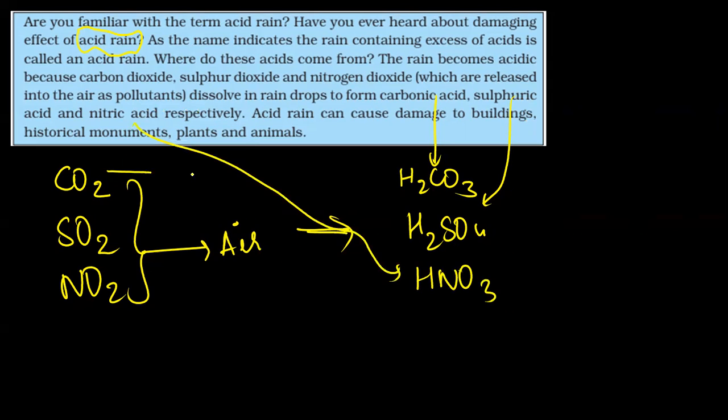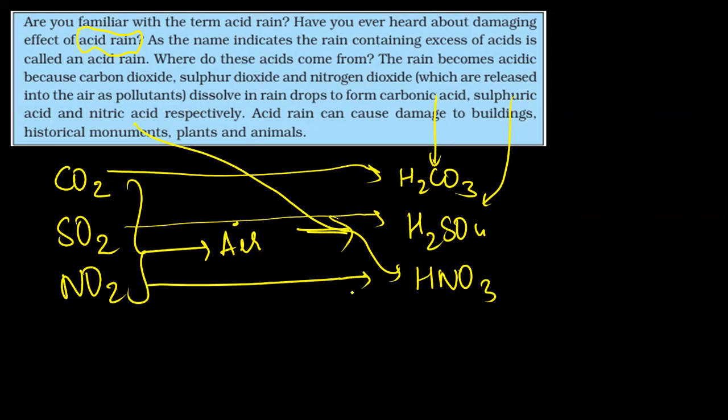So carbon dioxide will form carbonic acid, sulfur dioxide will form sulfuric acid, nitrogen dioxide will form nitric acid.